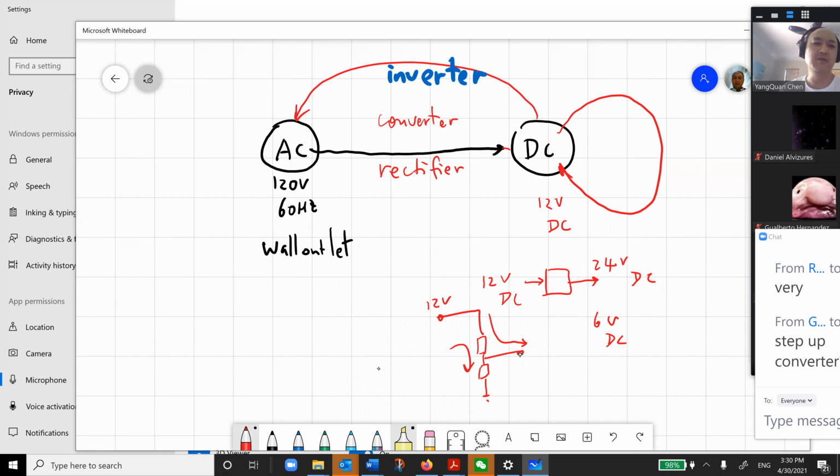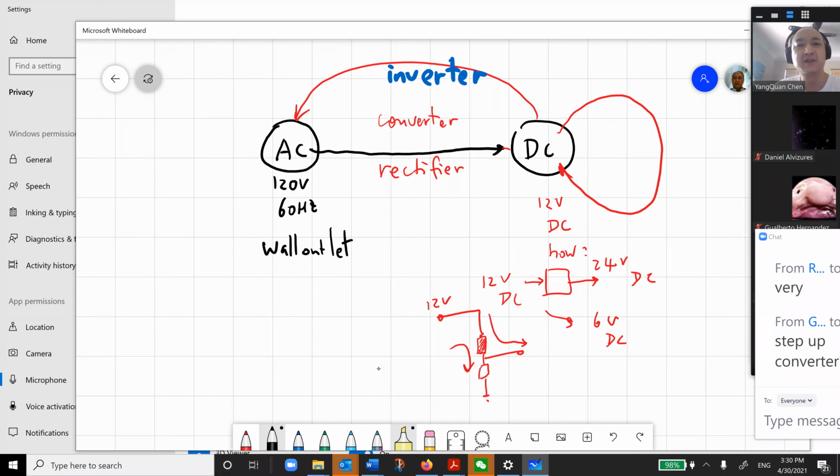Even if you put the op amp in here, you still have power loss, always converting this power into heat. So it's not efficient. Stepping down is not efficient. So when stepping up, how? I'll explain to you later, okay?